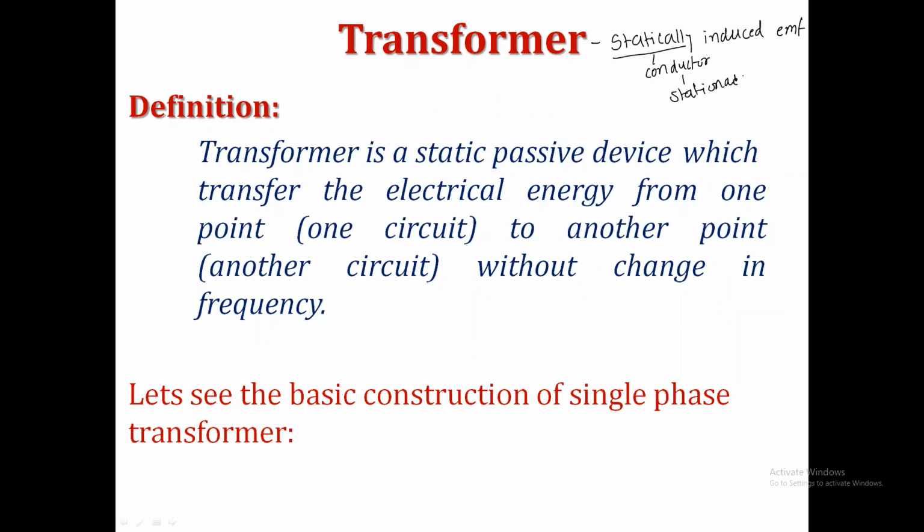So in the transformer, the conductor is stationary. If the conductor is stationary, what is the rotating or changing parameter? It's the magnetic field. Because these two types are based on whether the conductor or the magnetic field is moving. Here, statically induced EMF means the conductor is stationary. That's why the definition of a transformer starts with: a transformer is a static device.